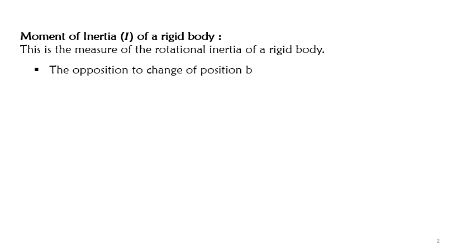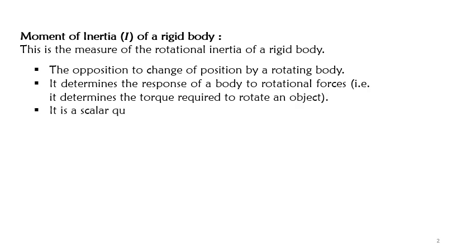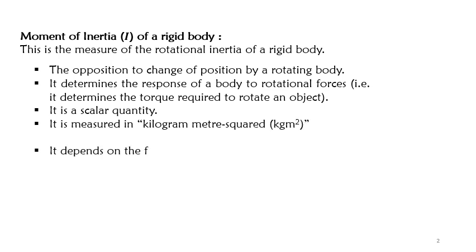Also, it can be said to be the opposition to change of position by a rotating body. It determines the response of a body to rotational forces, and it is a scalar quantity. The unit is kilogram meter squared.